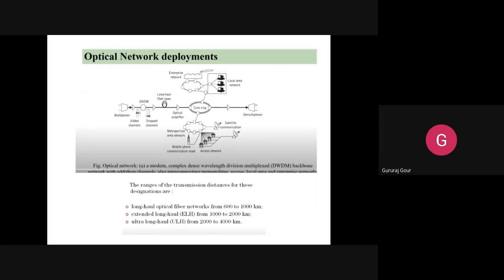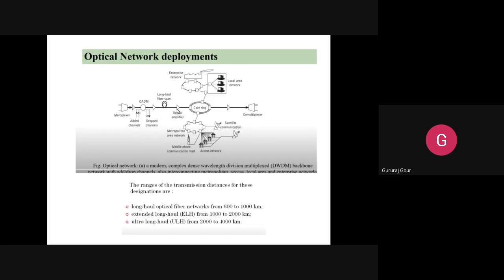So next comes the last part, optical network deployments. The figure shows the basic structure of any optical network to be deployed. Mainly it consists of the modem having a set of multiplexers and demultiplexers, along with optical add-drop multiplexers, OADMs, which consist of added channels and dropped channels.